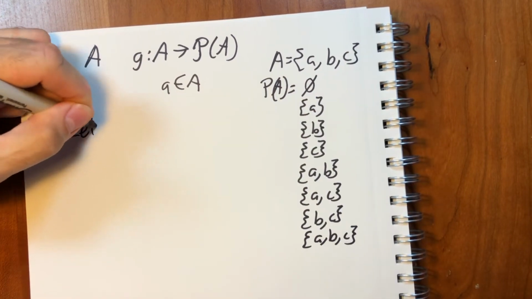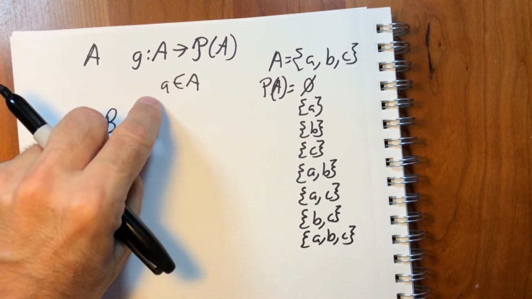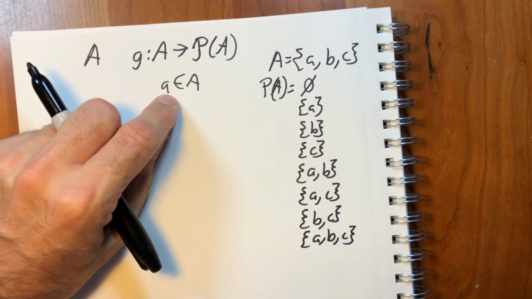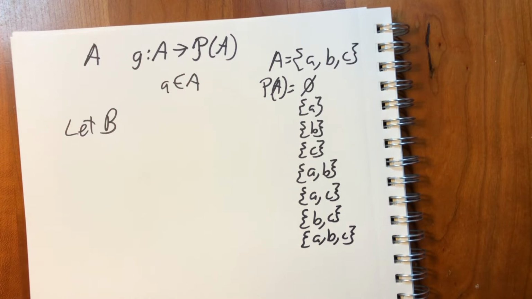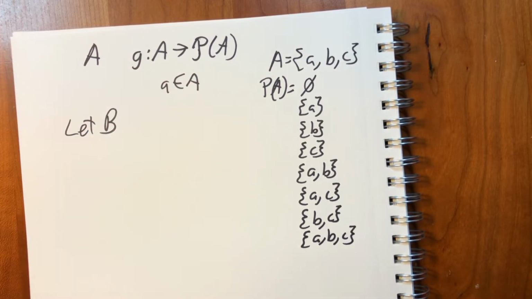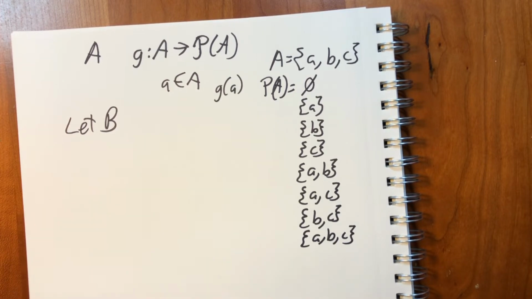So let's let B be the set of all of the points in A such that G of A goes to a set that does not contain A, okay? So this is why this proof is hard. It's hard to get your head around that.